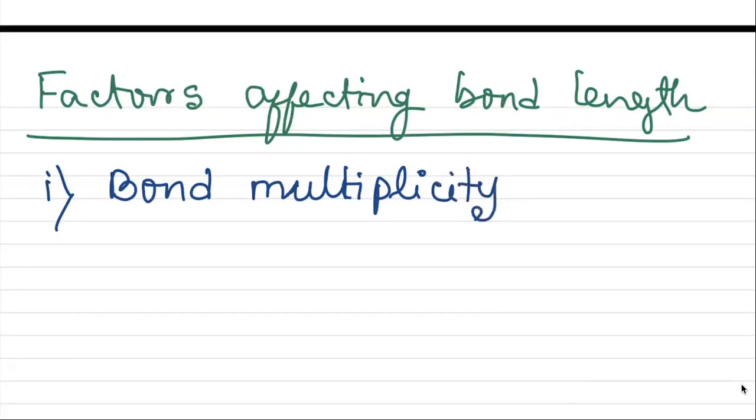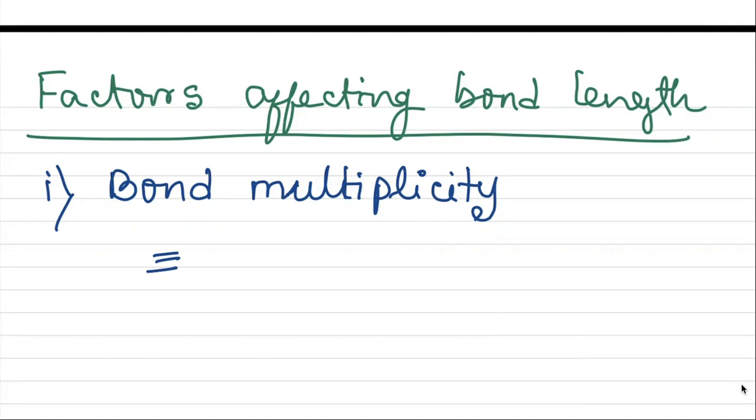If bond multiplicity increases, the bond length decreases. In case of a triple bond, the bond length is less, and in case of a single bonded molecule, the bond length will be high.